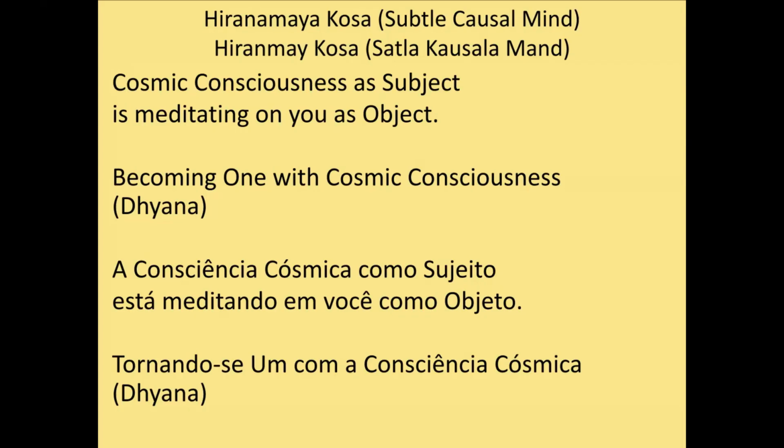Cosmic consciousness is the supreme subjectivity. So the goal is to become one with cosmic consciousness. That's through the practice of dhyana. We are a drop in an ocean of cosmic consciousness. Next slide.